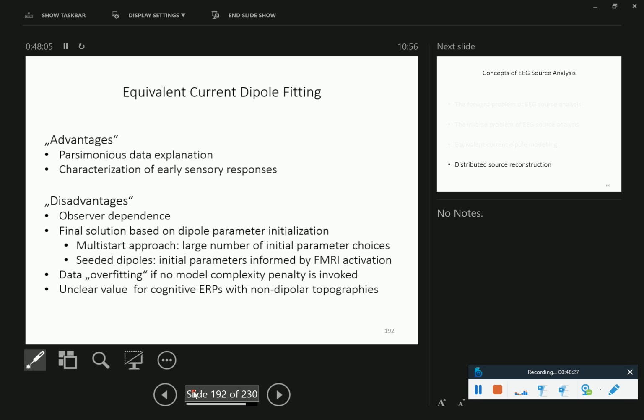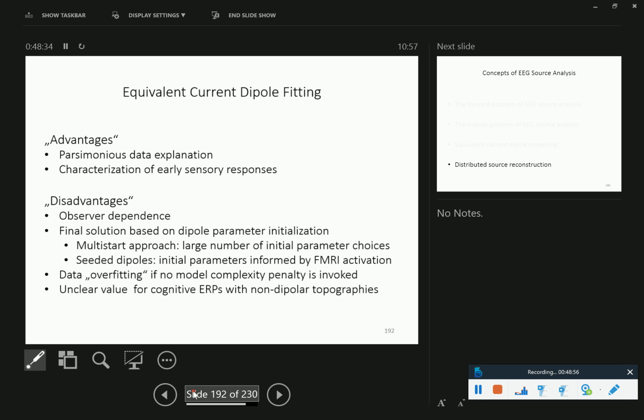Disadvantages: especially in the old ways, I remember doing that in Tübingen, basically in a GUI-based manner, because I was told to, where the aim was somehow to fit the dipoles so that they are where they should be, like in some sensory cortex. But it was dependent on where you initiate this thing.